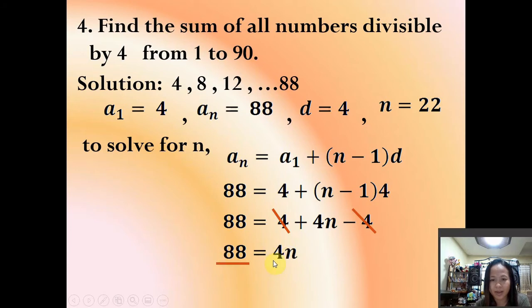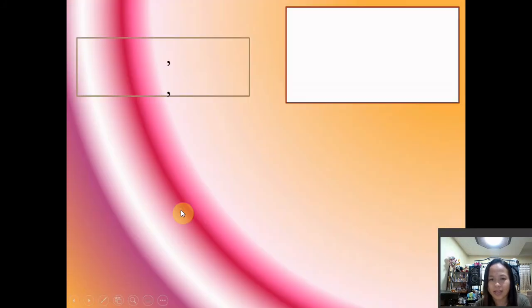Divide both sides by 4 so that the numerical coefficient of n, which is 4, will be eliminated. So we have 88 divided by 4, so we have n is equal to 22. So this is only showing the algebraic procedure on how to get the value of n.